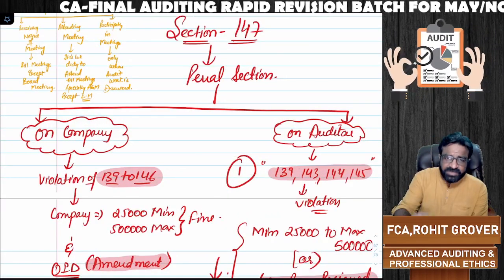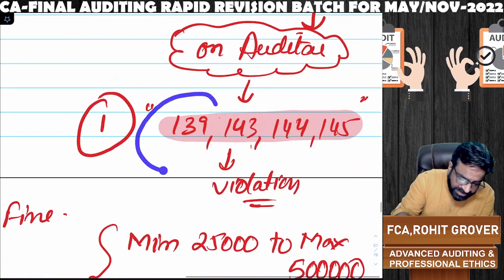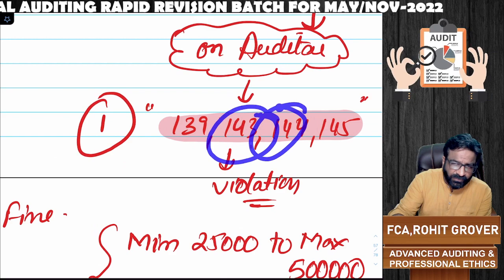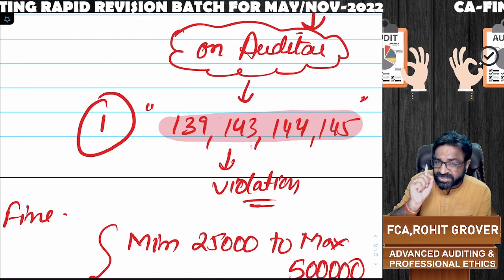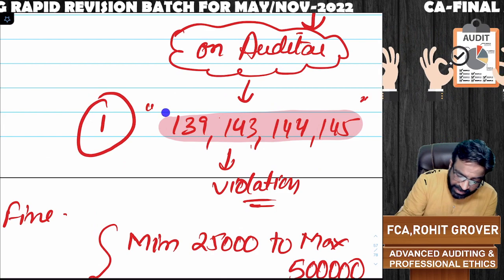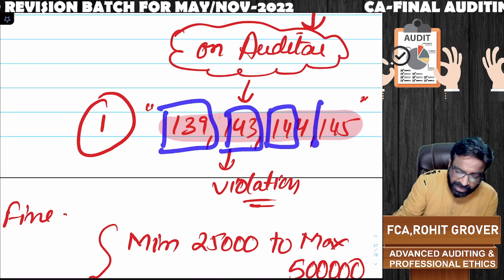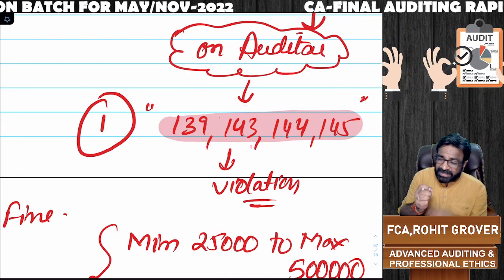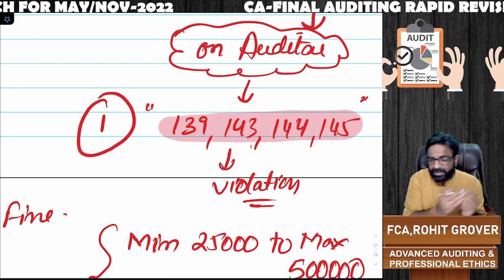Now the same section 147 penalizes the auditor also. If the auditor violates section numbers 139, 143, 144, 145, not all the sections, selective sections, then the auditor's penalty is a little bit the same as the company's penalty which we just saw.